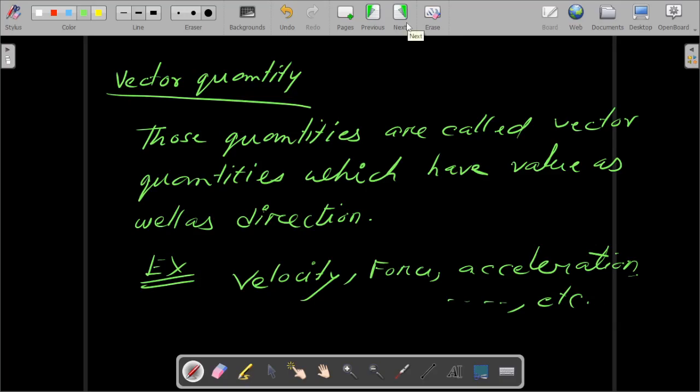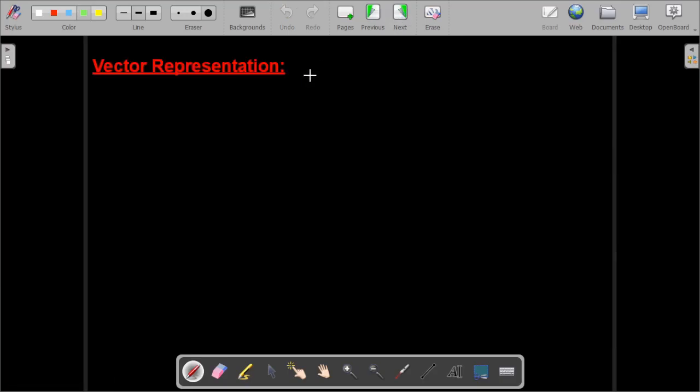So proceed to the next topic, vector representation. How is a vector represented? A vector is represented by an arrow sign and a letter. Okay.